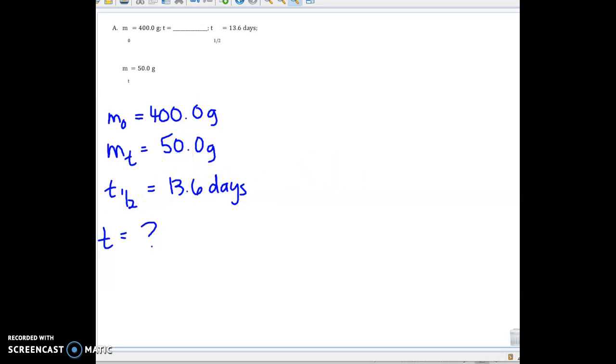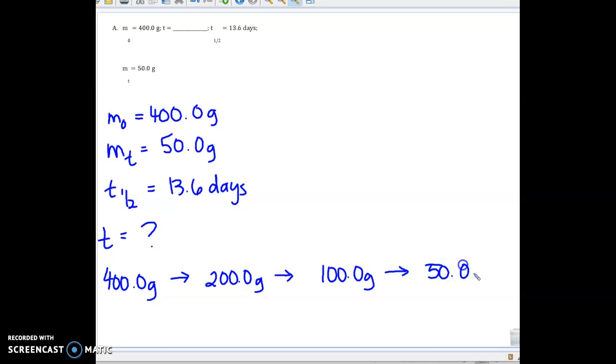So I've got to figure out how long it took to go from 400 to 50. Well, I'm going to do this the same way that I did the last problem. I start with 400. I go through one half-life, I'm at 200. I go through another half-life, I'm at 100. I go through another half-life, and there I am at 50, which is what they told me was my ending mass. So now I have to figure out how long it took me to get there.